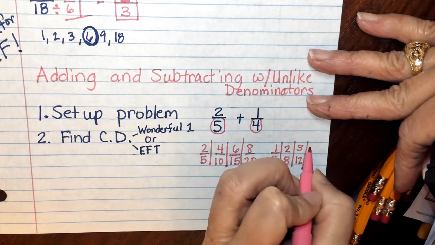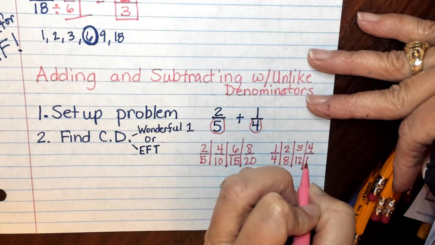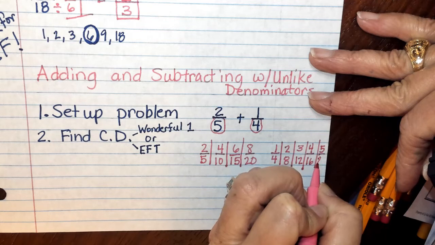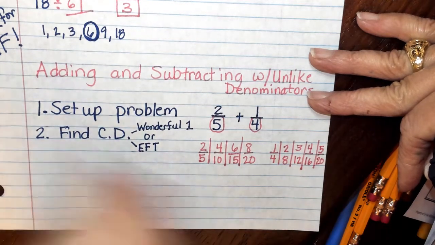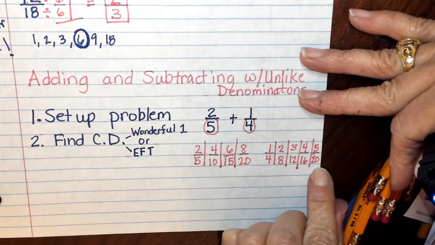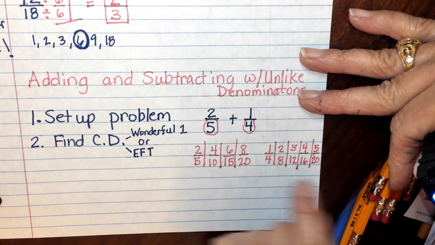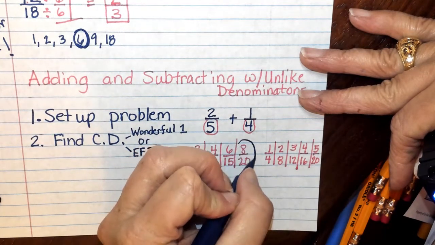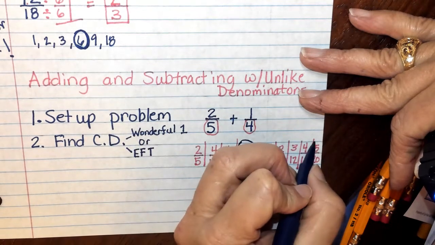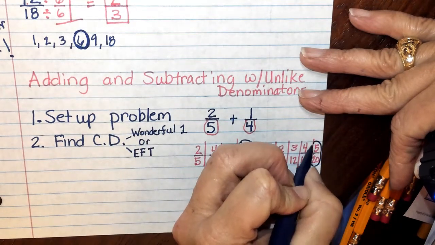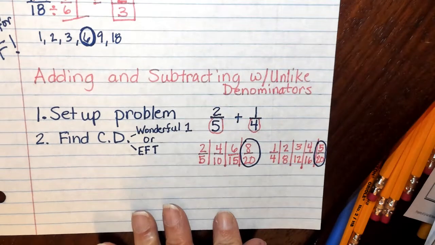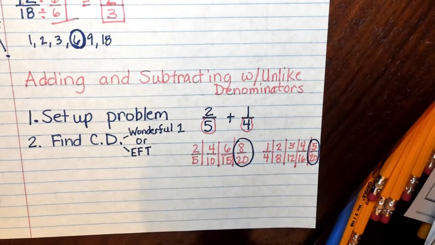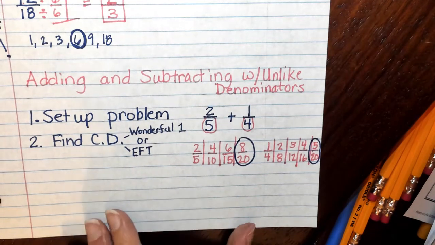An equivalent could be 4/16. Or it might be 5/20. And I do see that denominator 20 being shared by both fractions. So now I'm going to circle 8/20 and I'm going to circle 5/20. Sometimes we only have to make one EFT to find common denominators, and we'll practice that in class.